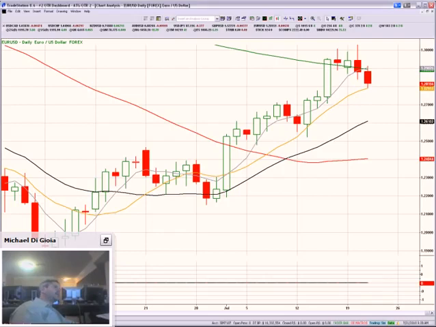And sure enough, that widening distribution range has occurred and the Euro USD moved lower. However, we're moving lower into an area. We have reverted back to the mean, the 10-period moving average. Now we'll watch for a pause here, okay?